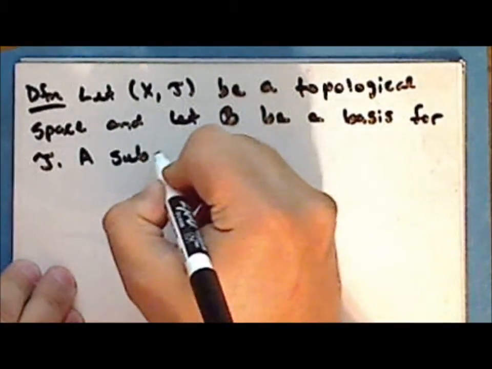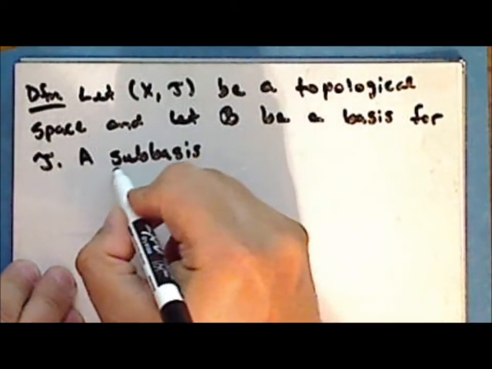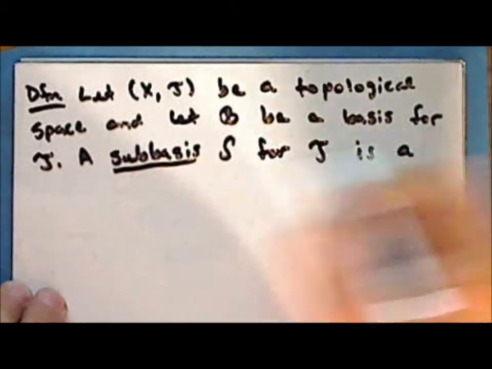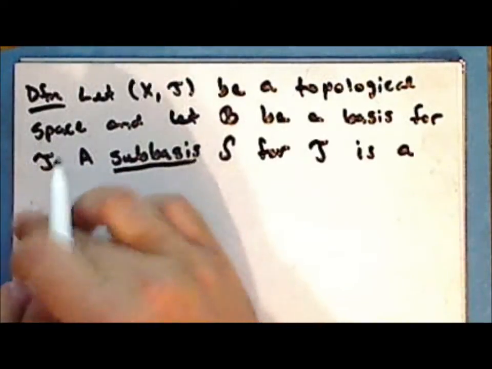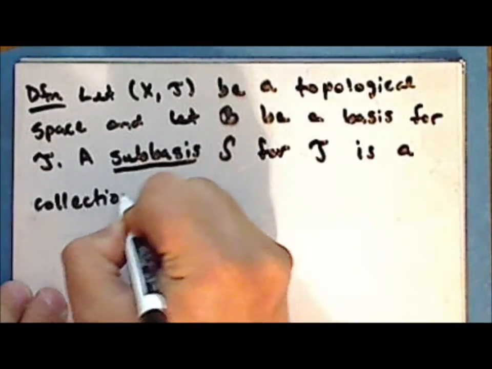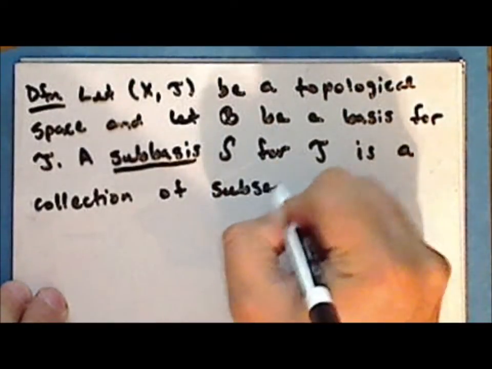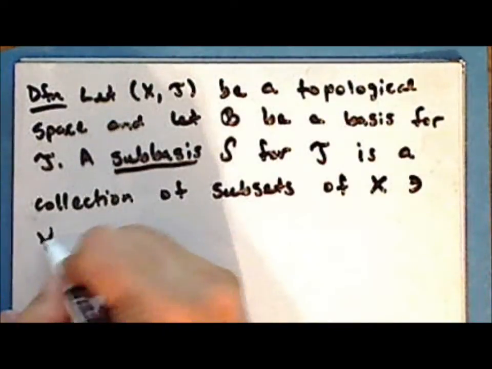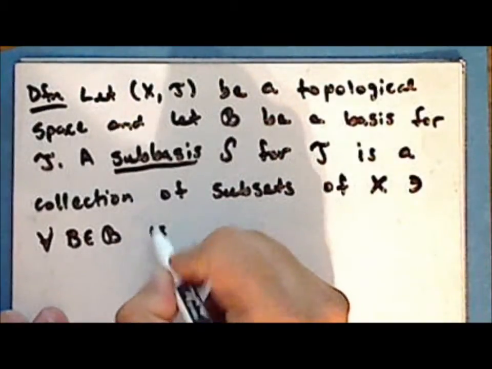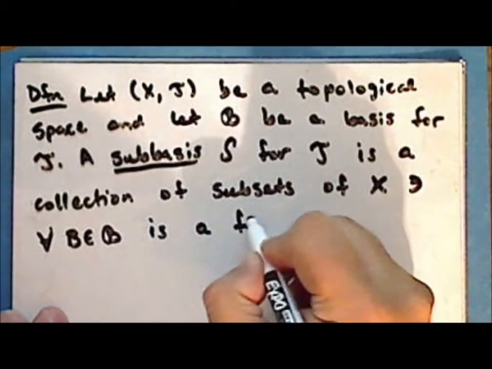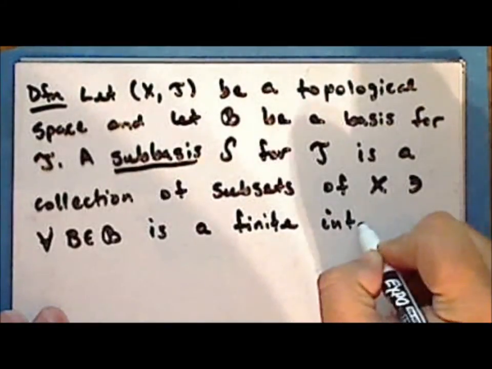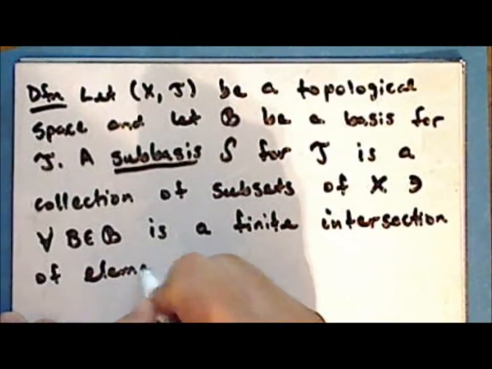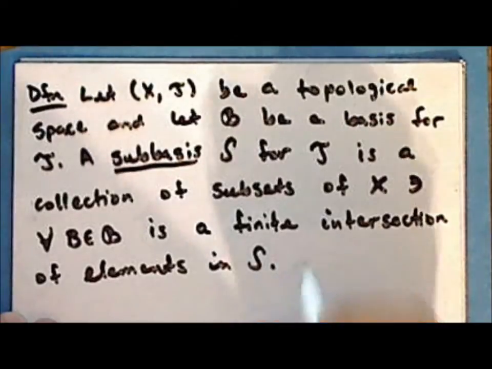A subbasis script S for the topology is a collection of subsets of the space X such that every element in the basis is a finite intersection of elements in the collection script S.